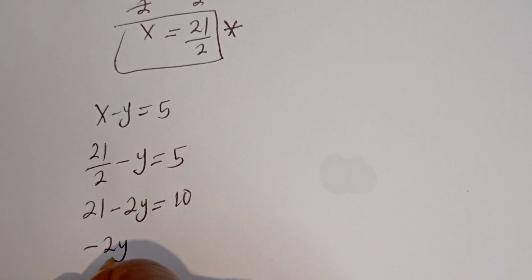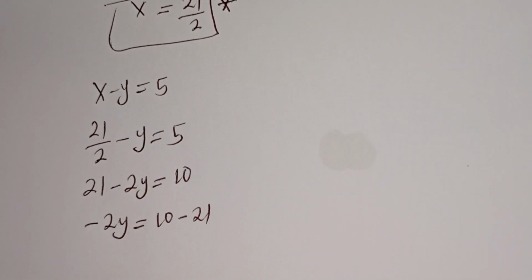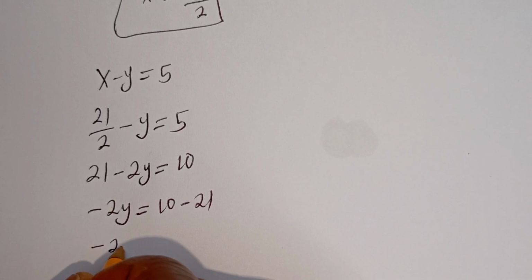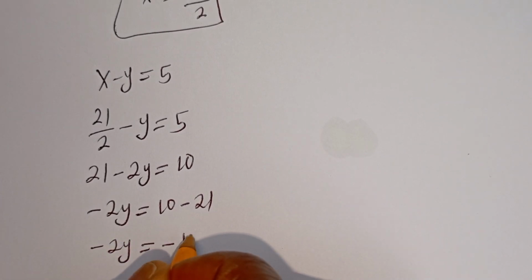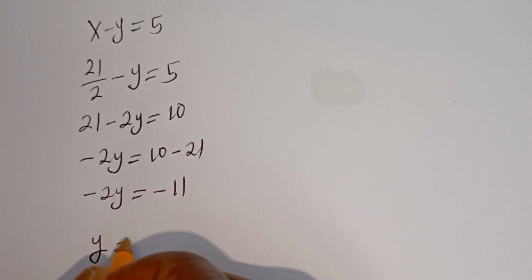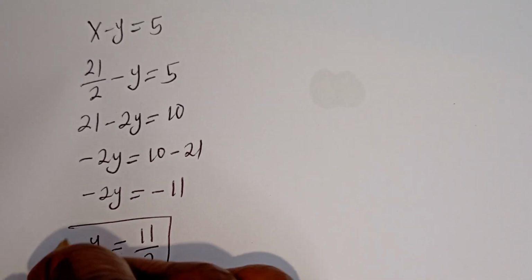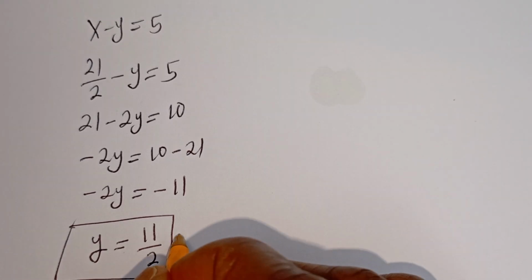Minus 2y is equal to 10 minus 21. Minus 2y is equal to minus 11. Now, y is equal to 11 over 2. This is the value of y, and it's not a natural number. It is also rejected.